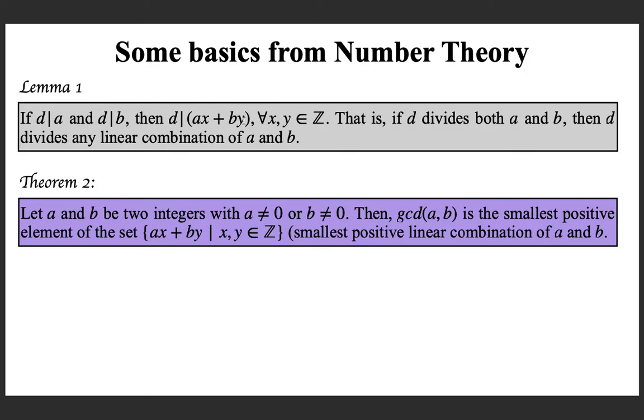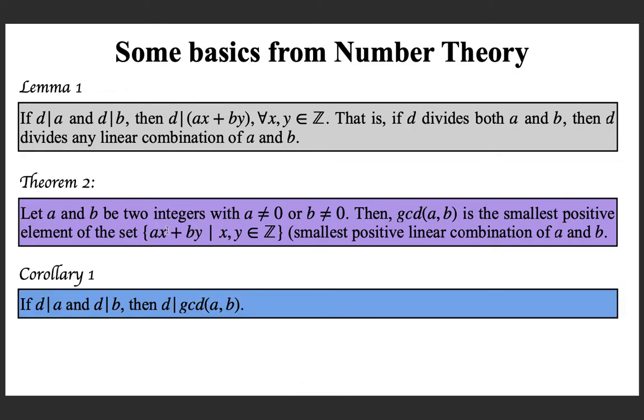And in theorem 2, we proved that for any integers A and B with one of them non-zero, the GCD of A and B is the smallest positive linear combination of A and B. As a corollary, when D is a common divisor of A and B, D divides the GCD of A and B, because the GCD is a linear combination and a common divisor divides any linear combination.